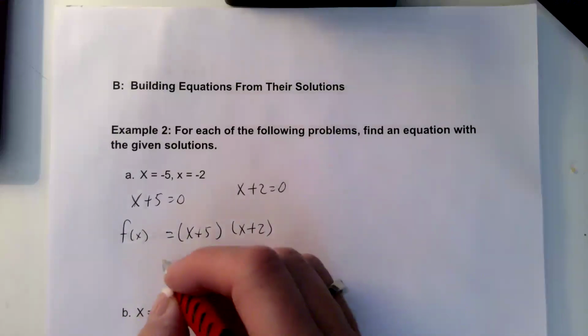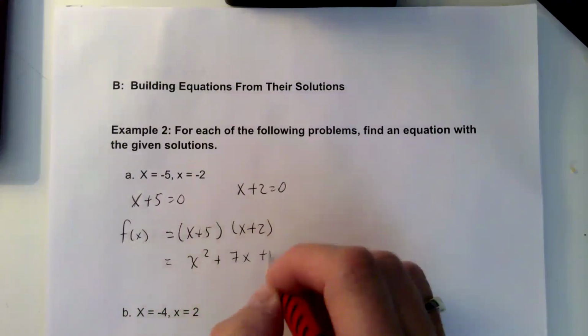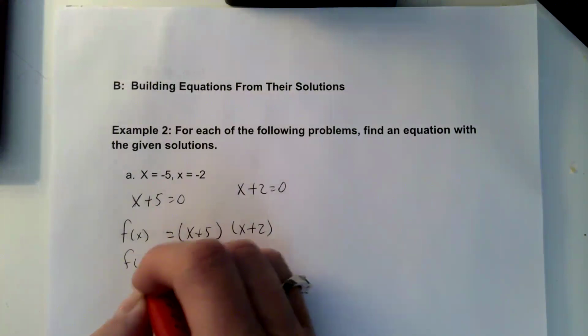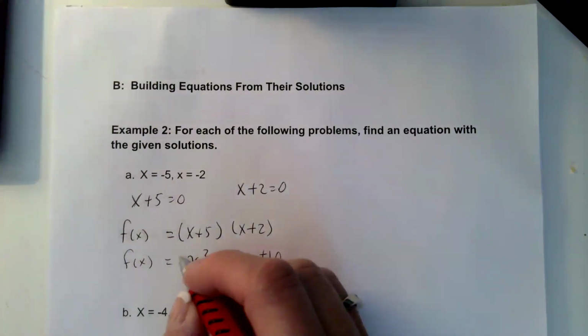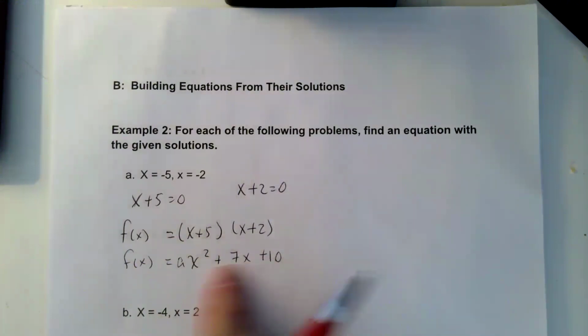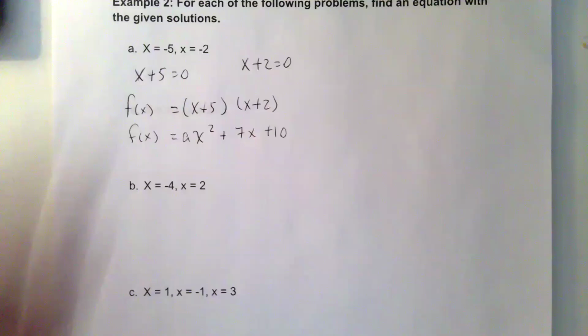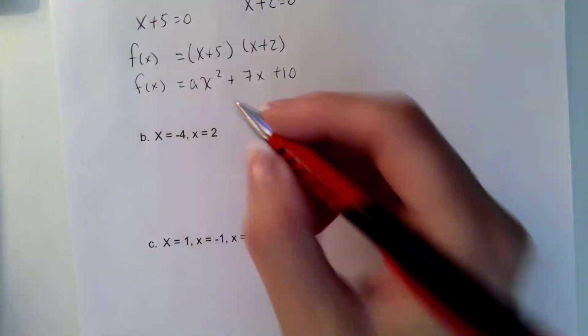And then if I multiply these together, that is going to be my base possible solution. Now, I could have some kind of a different a on here, but this is my base quadratic that would have these two solutions. So let's look at b.